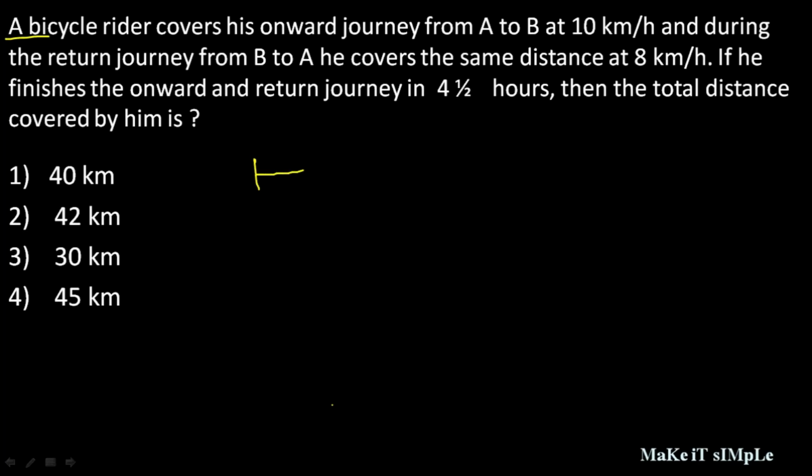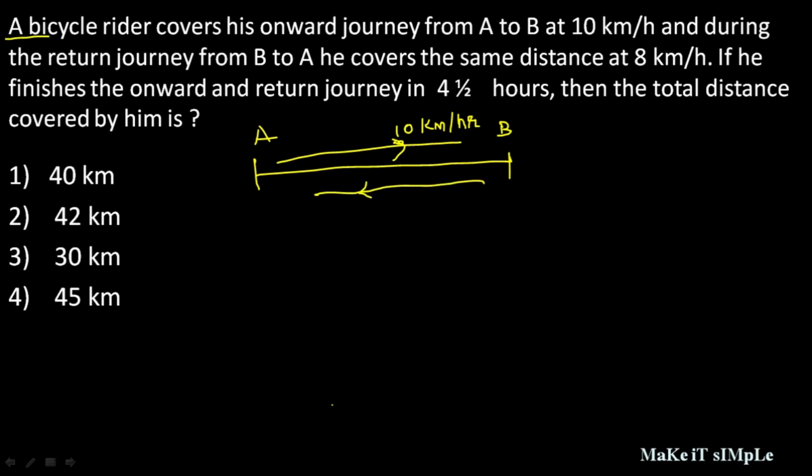Question, what they are saying, some place A to B is going at 10 km per hour, and returns from B to A at a speed of 8 km per hour. In total, he took 4.5 hours. This time they have given, we have to find the total distance.